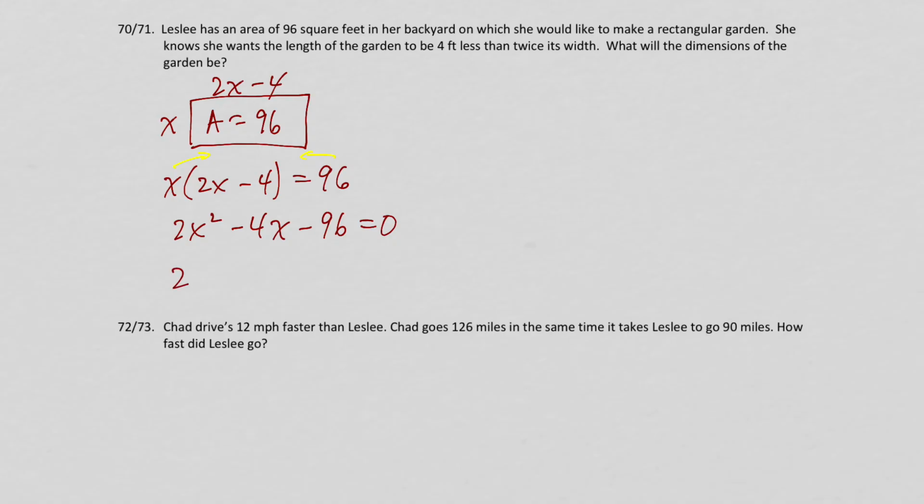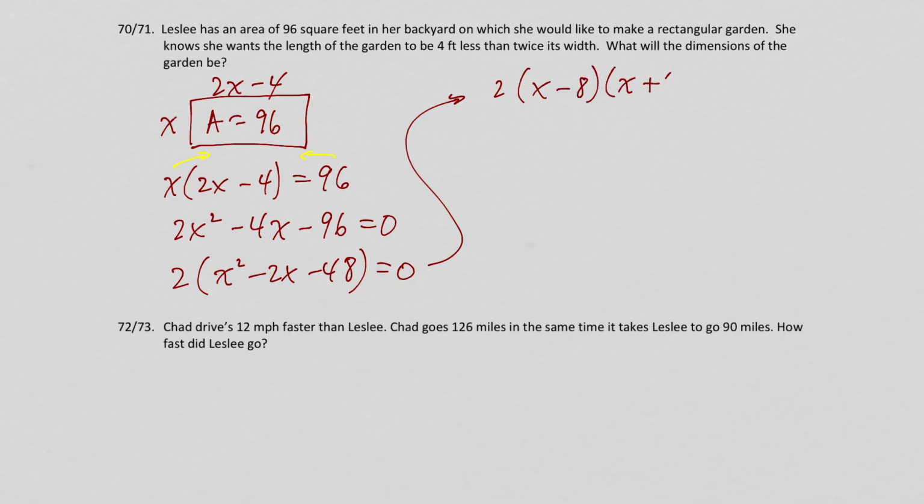I'll factor out the 2. So this is going to be x minus 8, x plus 6 equals 0. This does not contribute to the solution. This gives us a positive 8. This gives us a negative 6.